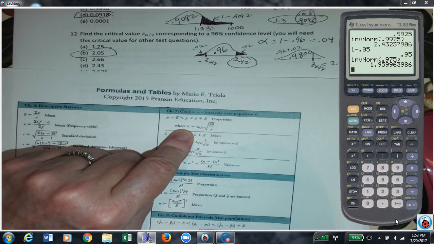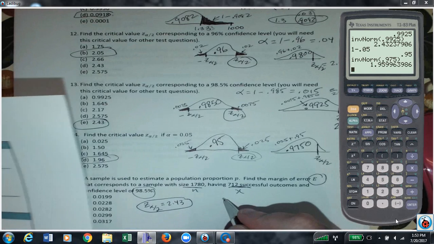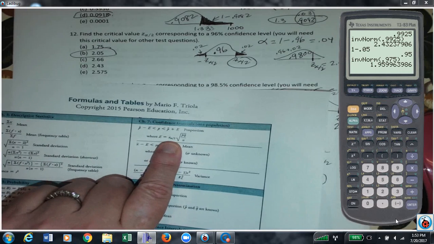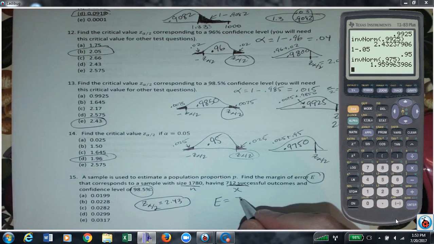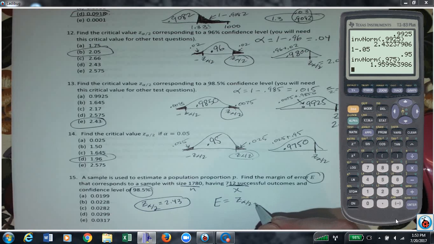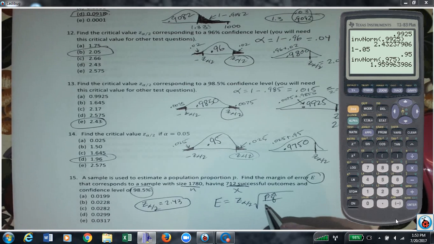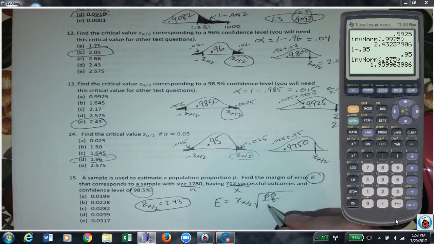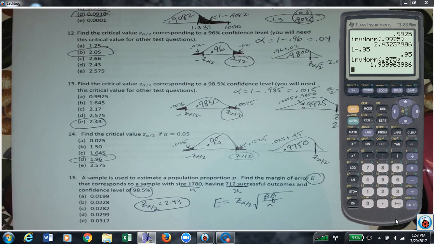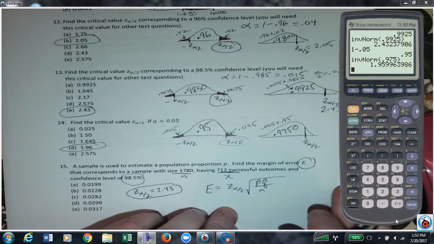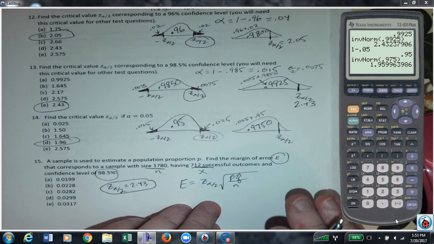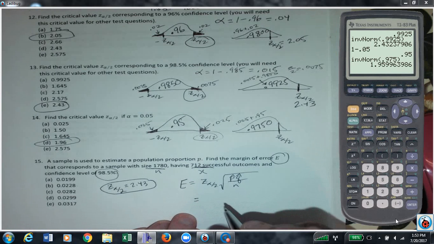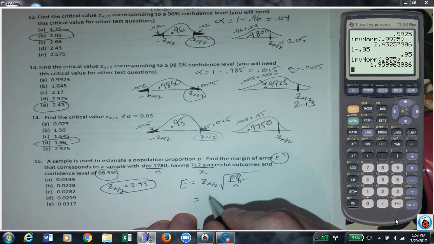And what I have here is E is equal to, so from my formula sheet, I'm working with a proportion. It's going to be the critical value times, and again. So I can use the formula if I want to. So my critical value is 2.43.